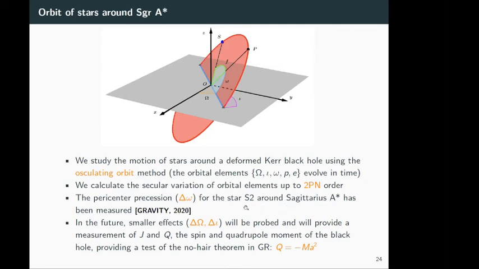And so as I said, the pericenter precession, so the secular variation of this angle here, has already been measured by the GRAVITY group.